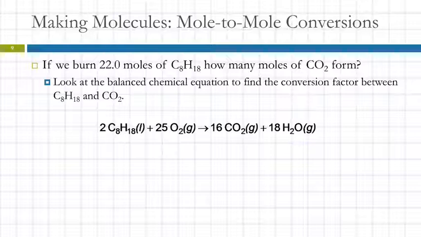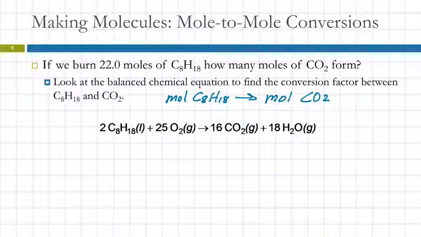If we burn 22 moles of C8H18, how many moles of CO2 form? So we're starting with moles of, let's just use the abbreviation, moles of C8H18, and we're trying to find moles of CO2. I can do that in one step.